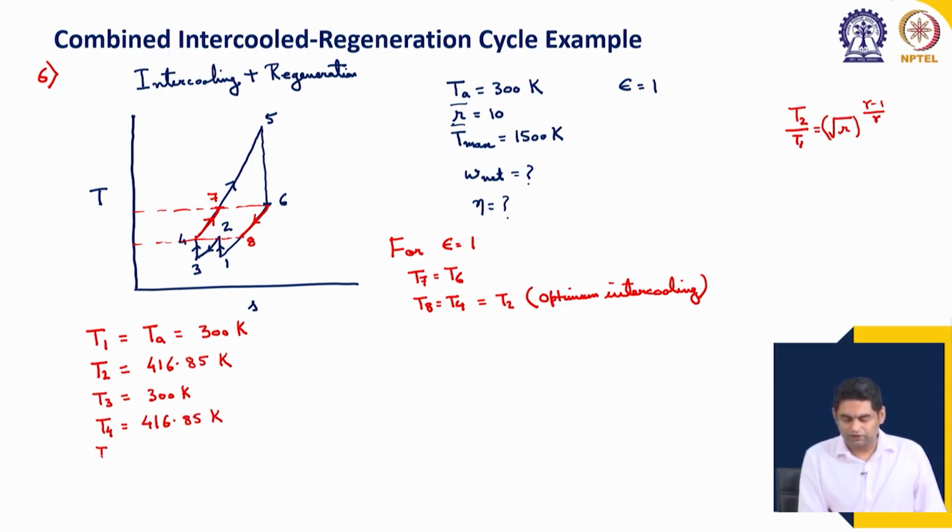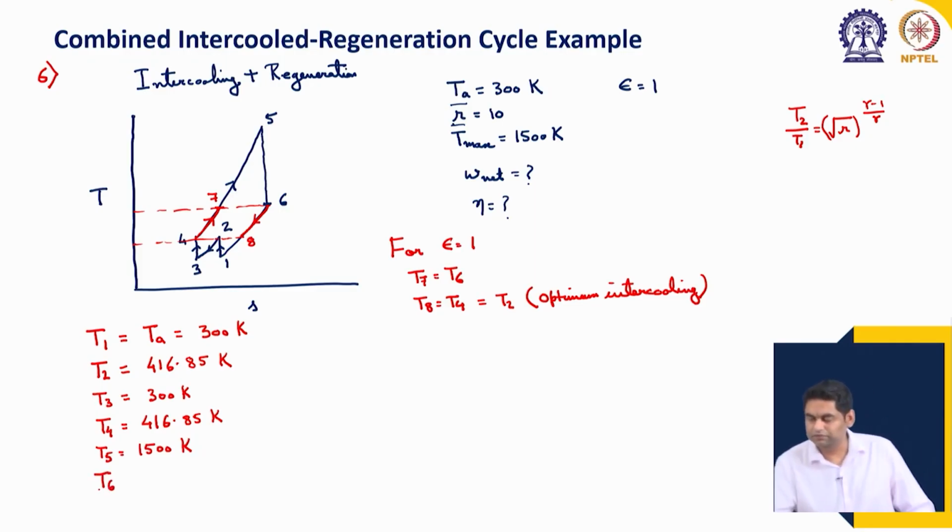T 5 is known to us. T 5 is the maximum temperature, which is a design input parameter called turbine inlet temperature, as we had discussed, or maximum temperature of the cycle. Then T 6, for the same expansion as the previous case, should also be similar.